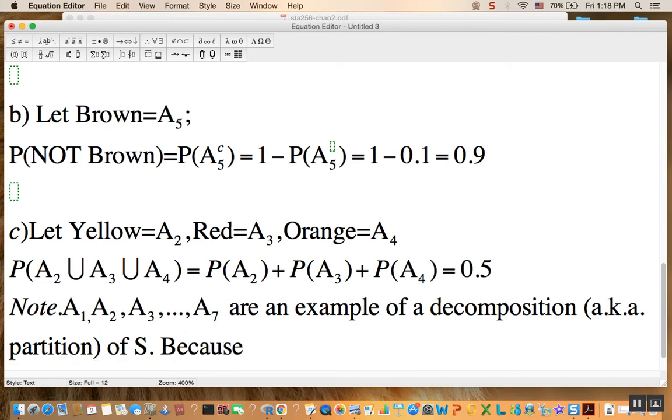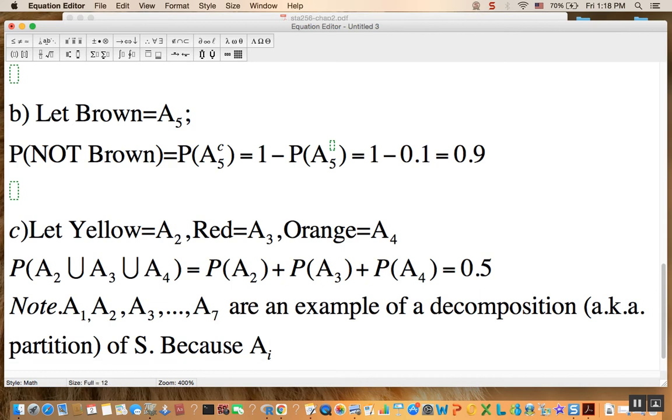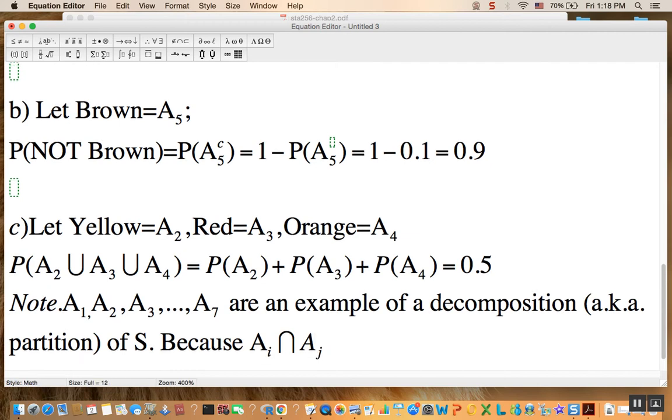Because Ai, the intersection between Ai and Aj equals the empty set for i different from j, right? If those indices are different.